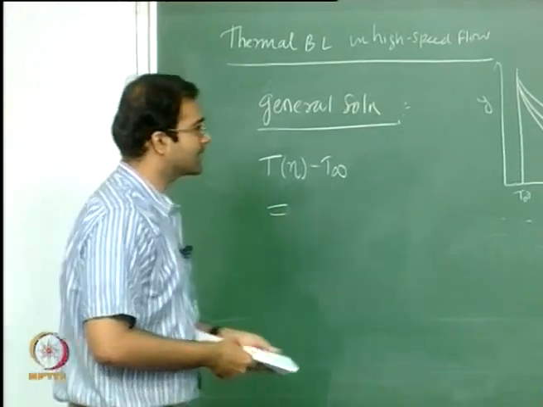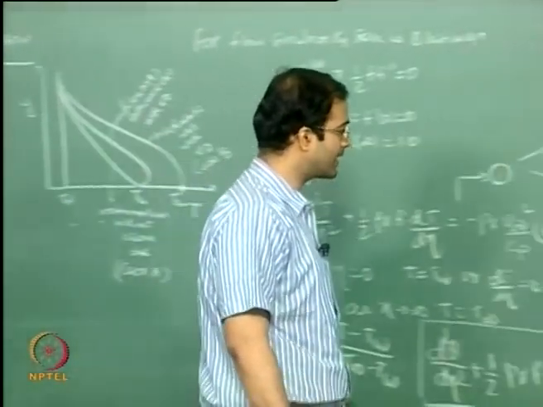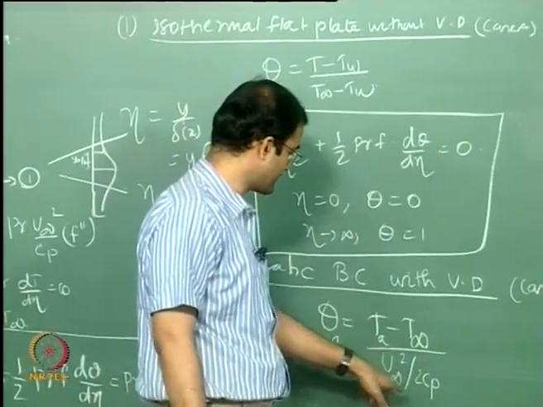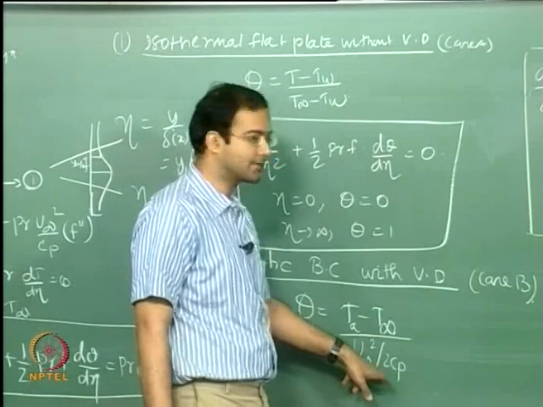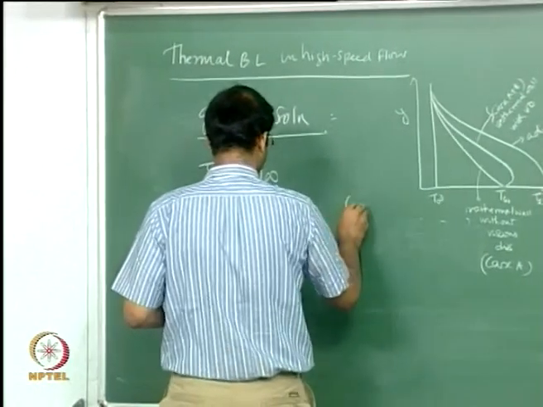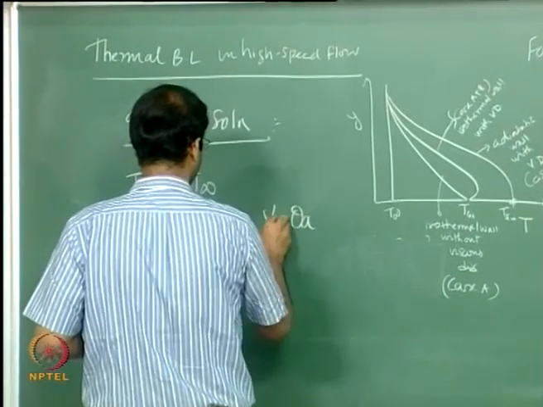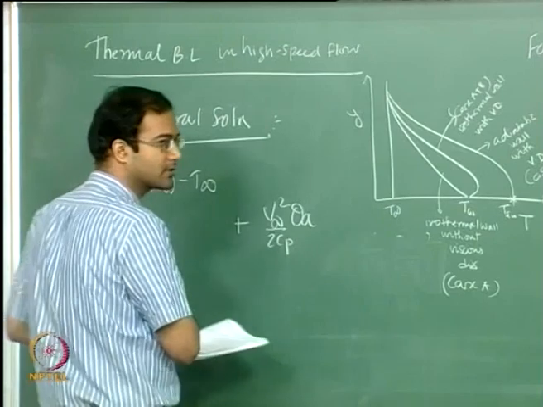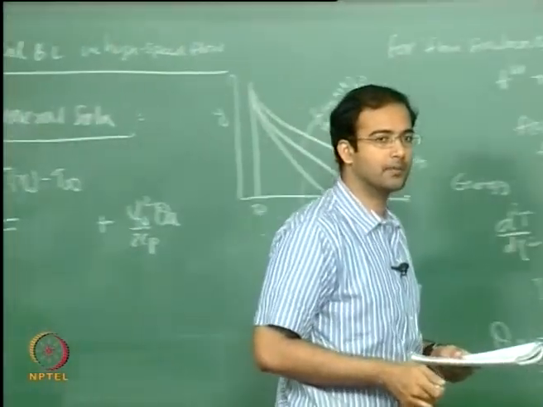So T minus T infinity. Now already for case B, T minus T infinity is defined as theta A into u infinity square by 2 Cp. That is one part of the solution. Now I want to blend these two solutions. There is a linear combination I want to propose.